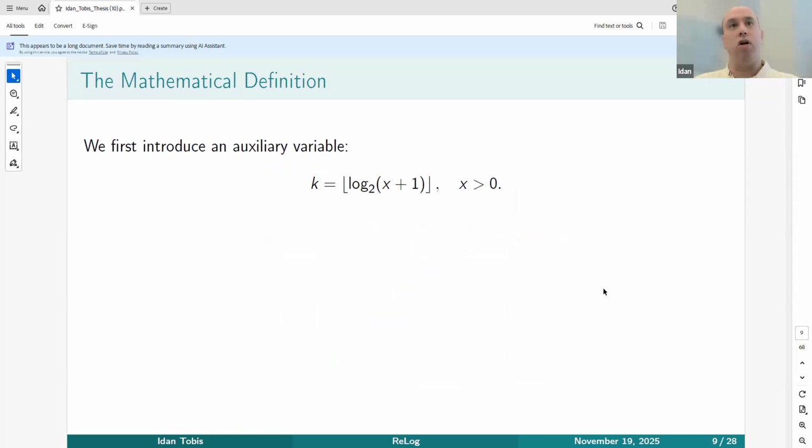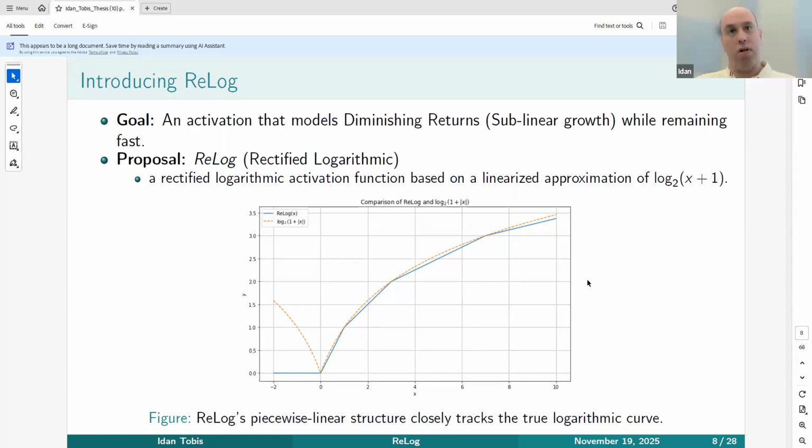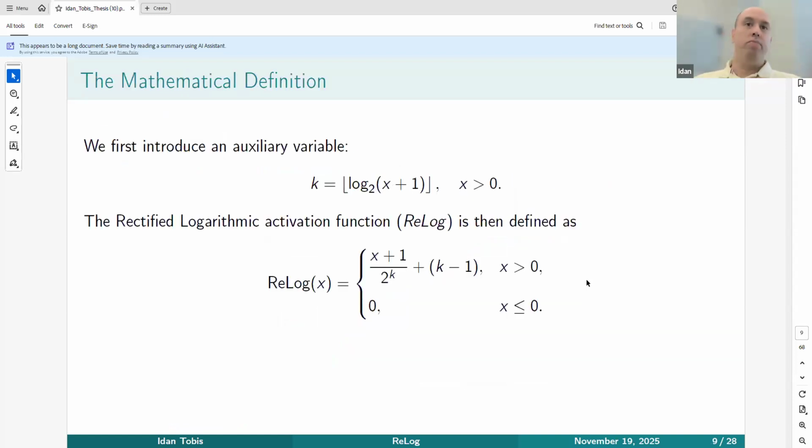First, we introduce an auxiliary variable k, which is the floor of log base 2 of x plus 1. Of course, if x is negative, then we just return 0. So this is a piecewise function: where x is negative, we return 0, and where x is positive, we return (x plus 1) divided by 2 to the power of k, plus k minus 1.